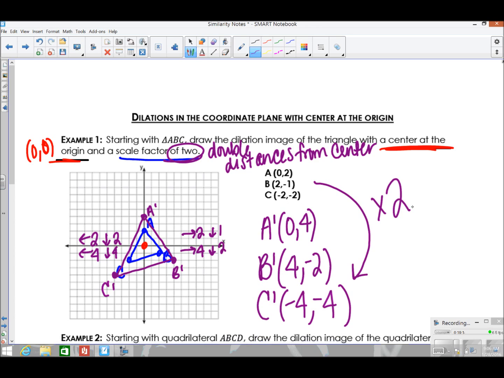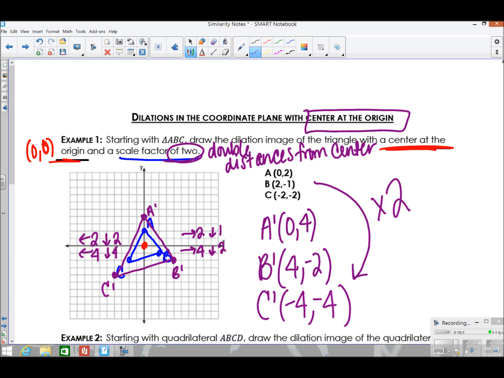Now this only works because it was centered at the origin. So you were starting at 0, 0. So essentially when you double the distances, you're really just multiplying the coordinates by whatever that scale factor is. It will not work if it's not centered at the origin. So for this page, all of our dilations are centered at the origin. The other page, they're not, so it won't be the same process.